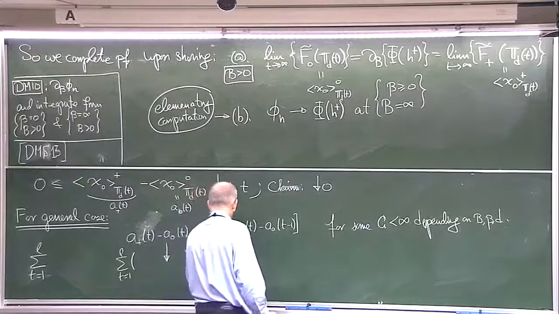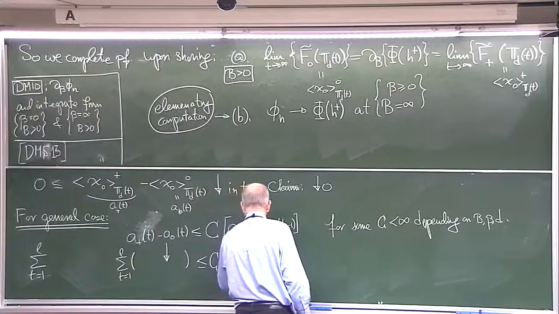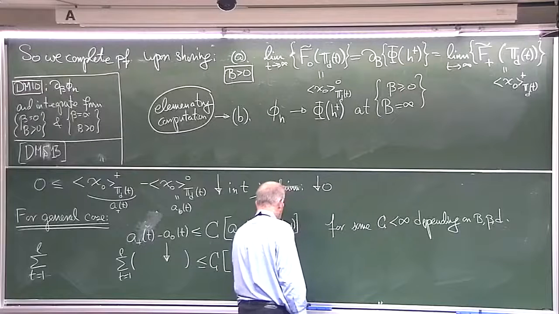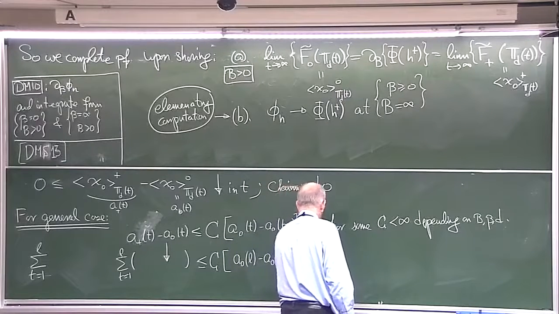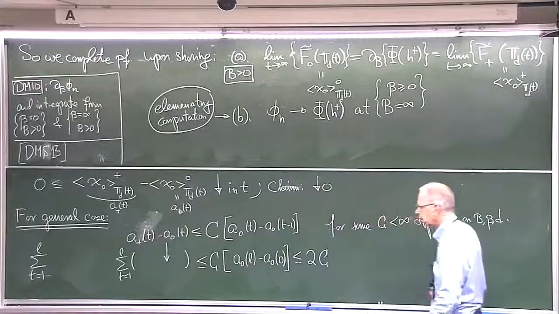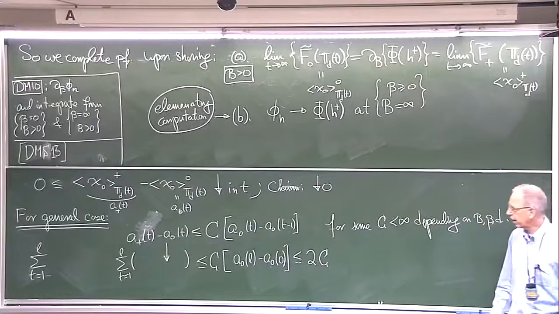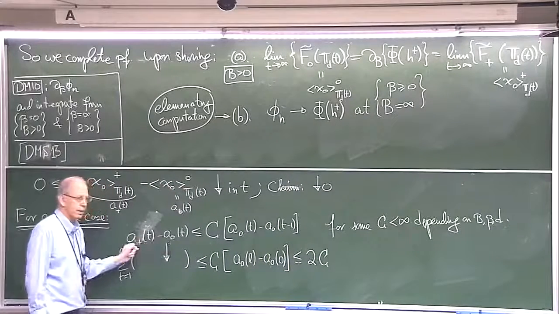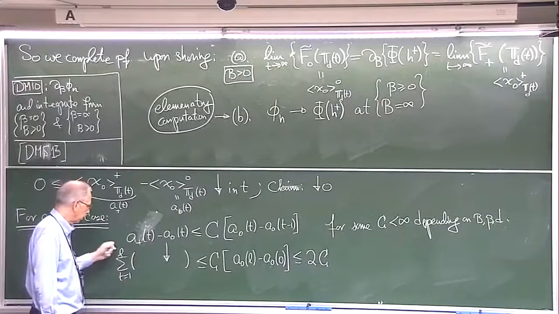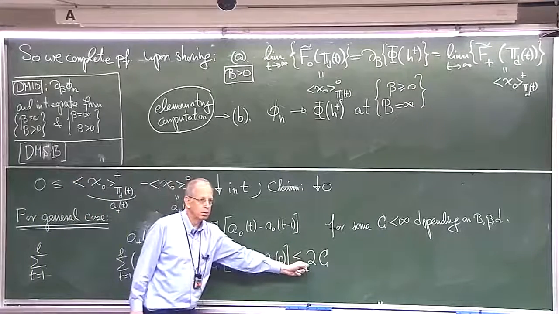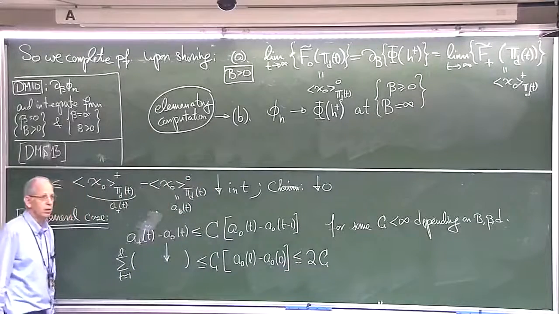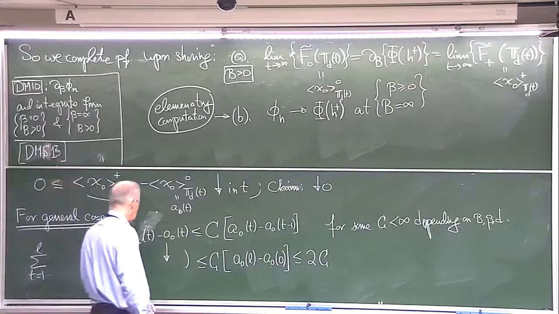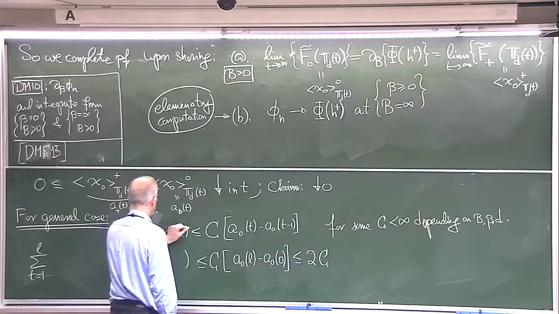So what I will get is A 0 of n minus A 0 of 0, which anyway is at most 2, since these quantities are at most 1. So now I have a decreasing sequence whose sum from 0 to infinity is bounded. But there is no other way for it than to go to 0. So done.